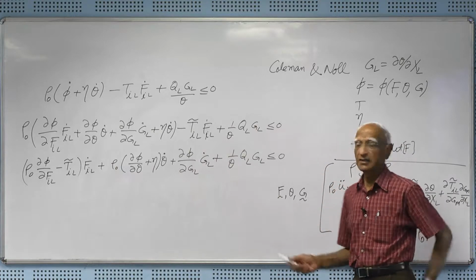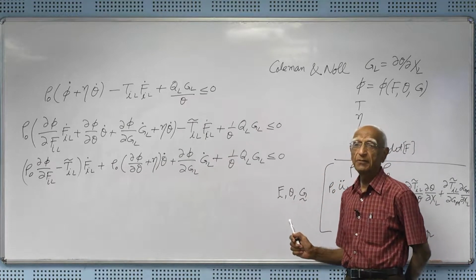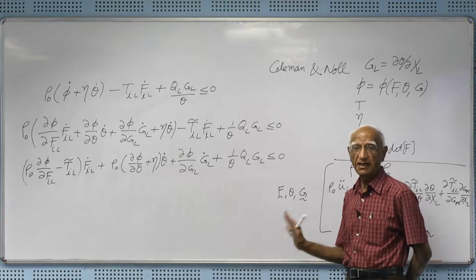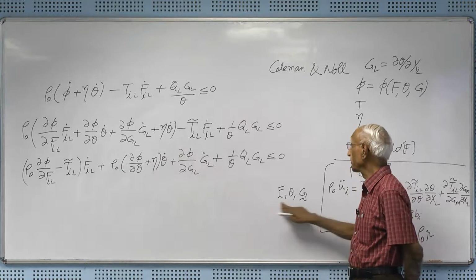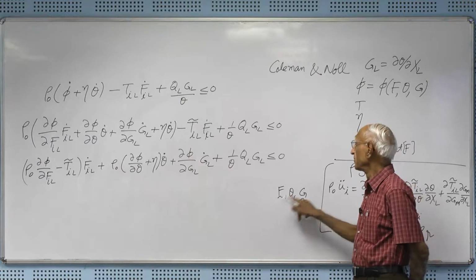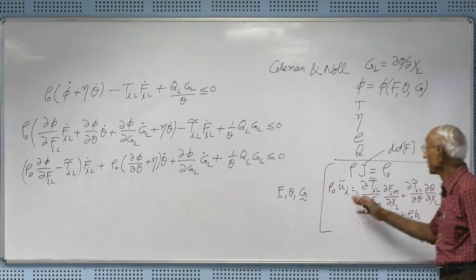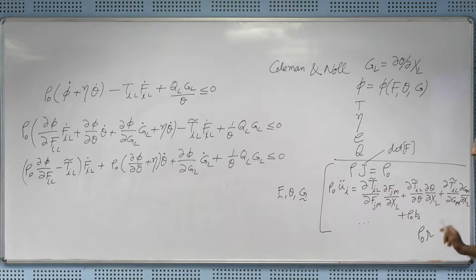Okay, so now the argument is like this. If I choose any f, theta and g, these values of these 13 variables, I plug them in here, I find b and I find r, so these equations are satisfied. So I don't have to worry about the constraint part.